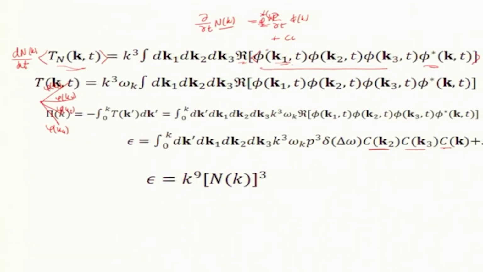In fact, I have done this in my other example of the Schrodinger equation, but this will involve 2 correlation functions, right, a product. So, phi k1, phi k2 average, phi k3, phi k4, phi k average star.